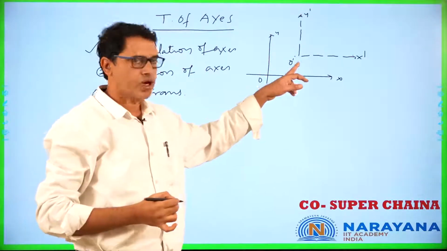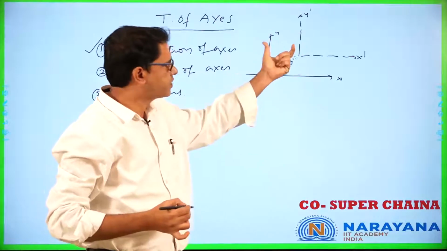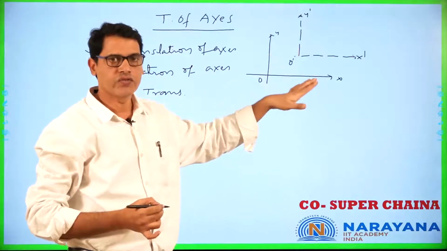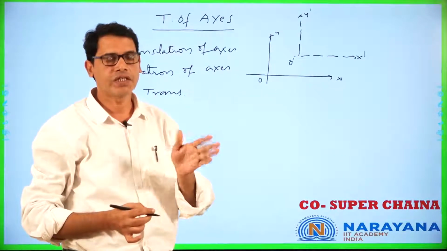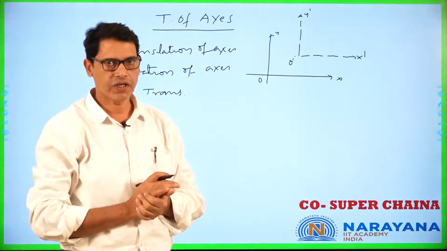Shifting the origin to another point so that the direction of the axes remains the same as the original one. If these are the original x and y axes, and this is the origin, now shift the origin to this point, O dash. These are the new axes, say x dash and y dash. So this is called a translation of axes.